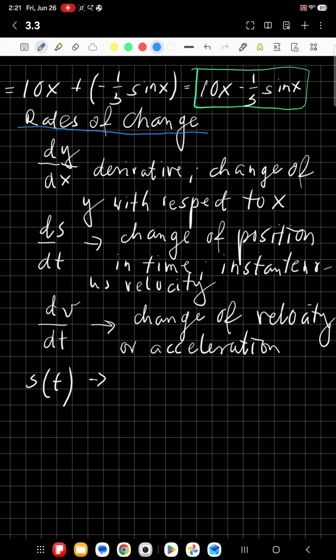So this is like f of x. But in our case, if we're in the land of physics, this is the position of a particle in time.